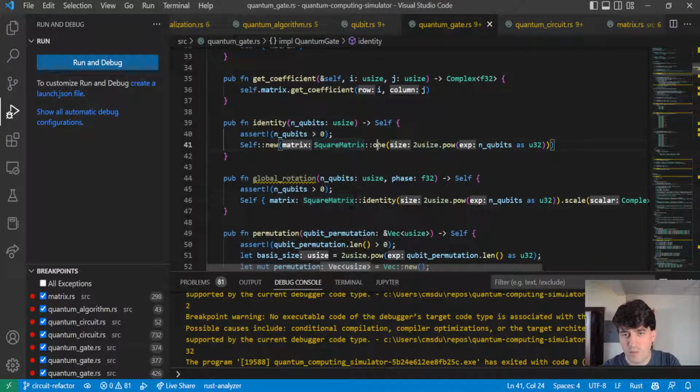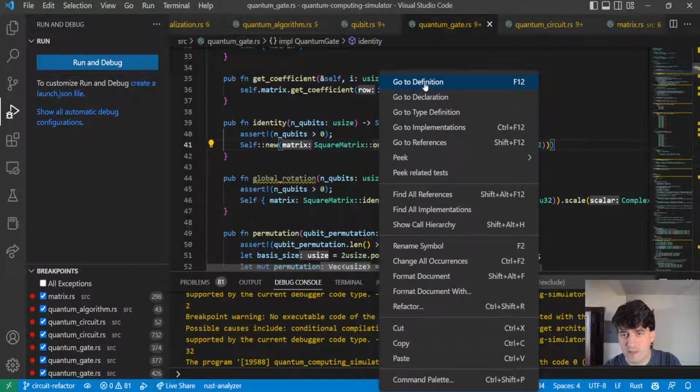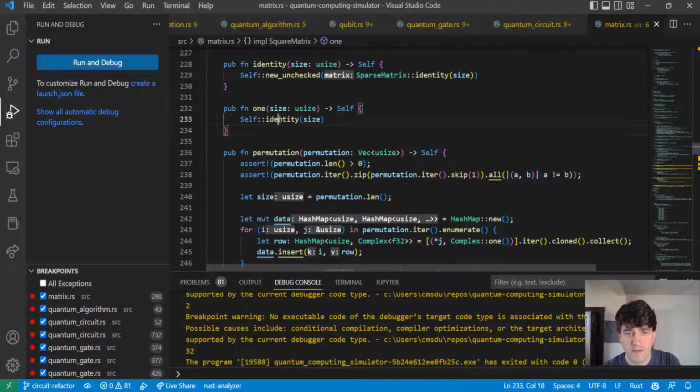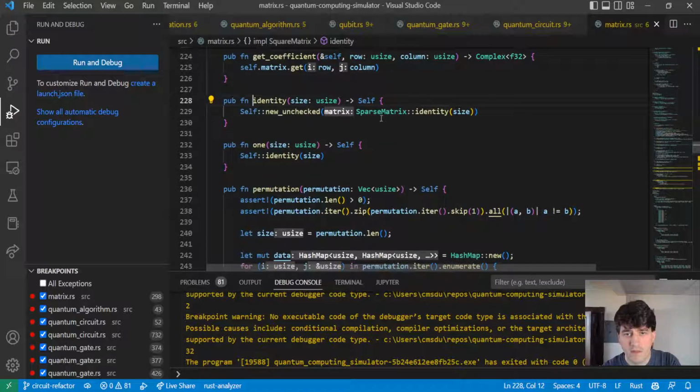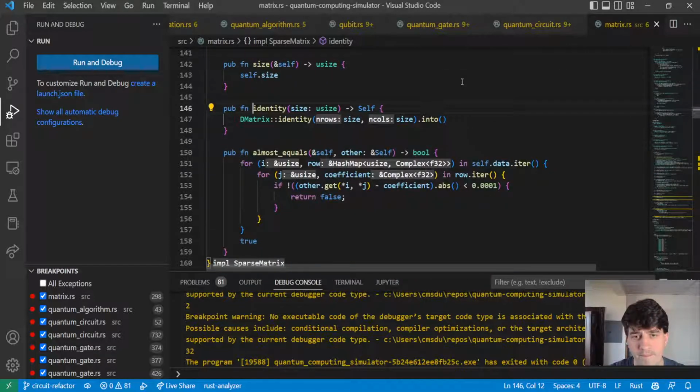So we construct a square matrix of size 2 to the..., which uses a new unchecked. Interesting. So this might just be a case of it being slow to... Okay, but we can make this faster.